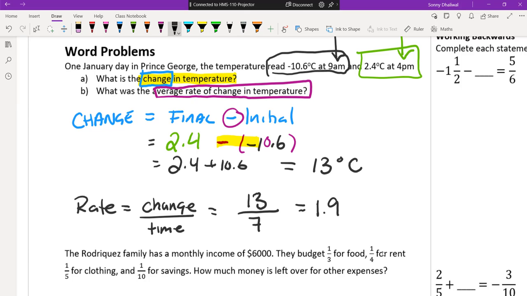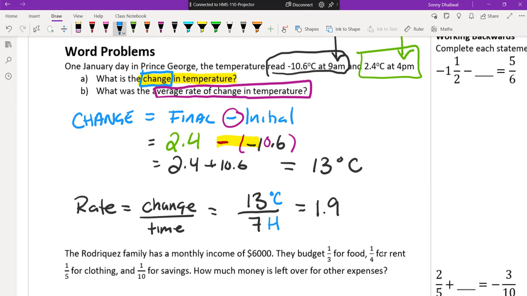Now this 1.9 doesn't have any units attached to it. It should, right? There are two numbers this came from. The change was measured in degrees Celsius. The time was measured in hours.